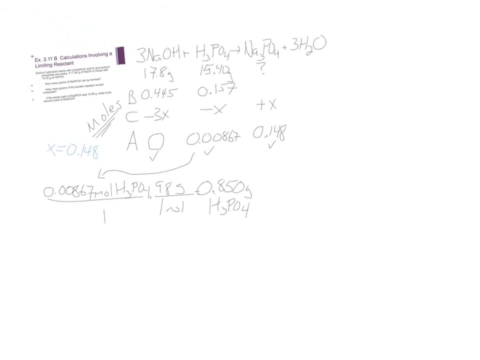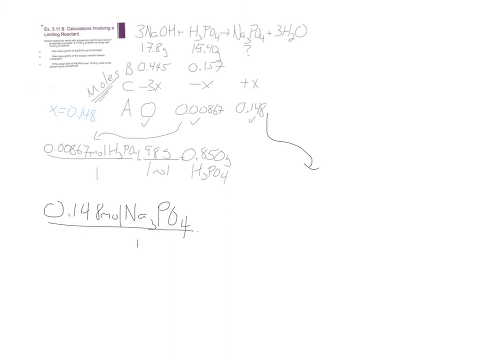Okay, it's going to make me downsize everything. If we do our second one, how much product can we make? Well, now that one is 0.148 grams of Na3PO4. Sorry, that is moles, not grams, because that is our mole chart.